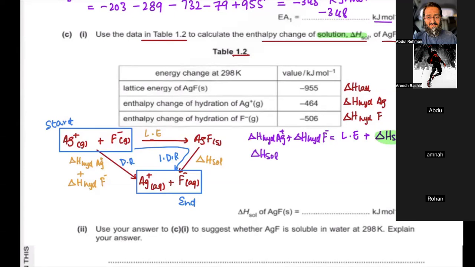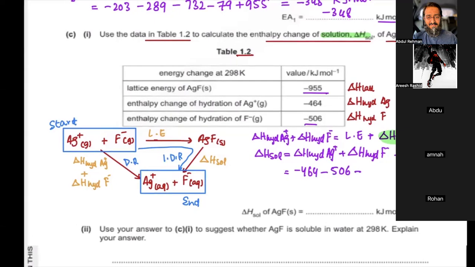Enthalpy change of solution is equal to enthalpy change of hydration of silver ions plus enthalpy change of hydration of fluoride ions minus lattice energy. The enthalpy change of hydration of silver ion is minus 464, and then plus, it is also minus, so plus minus makes it minus 506, and then minus, and the lattice energy is negative, so negative negative makes it positive 955.